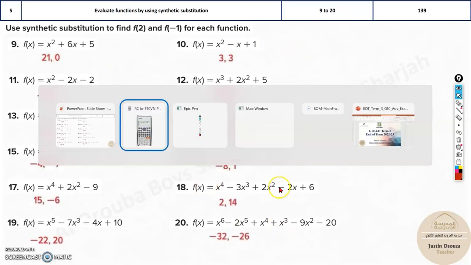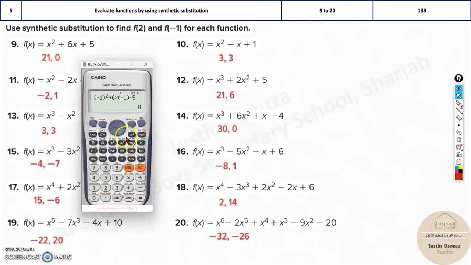Now here, let me do a big one. This one, it's just going to take time. There's nothing else over here. I'll keep minus 1 as it is for now. I'll solve this first. To the power 6. Then we have minus 2, so it's minus 2 into minus 1, the whole power 5.